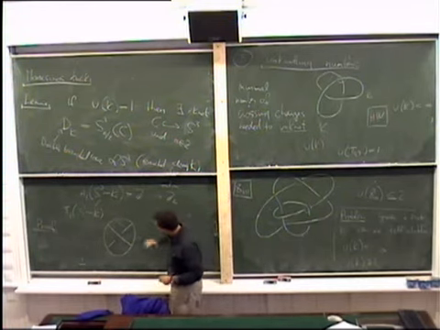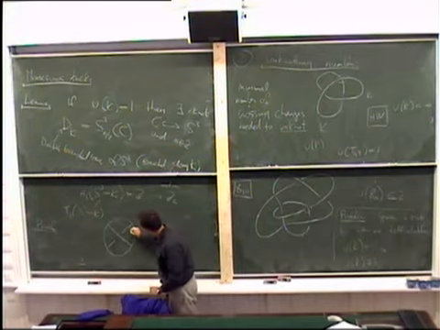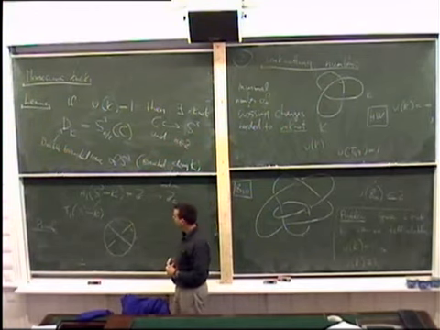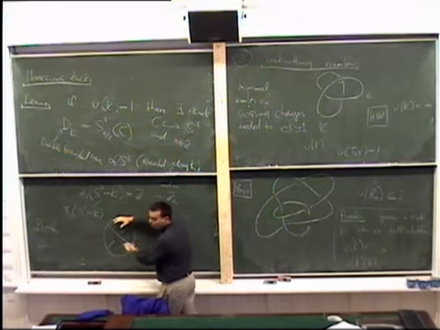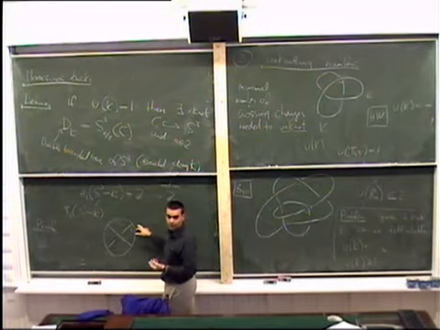Okay. So here, this is K originally, and we are looking at the branch double cover. Inside the branch double cover, I could just take that part of the branch double cover of this ball, branched along these 2 arcs.